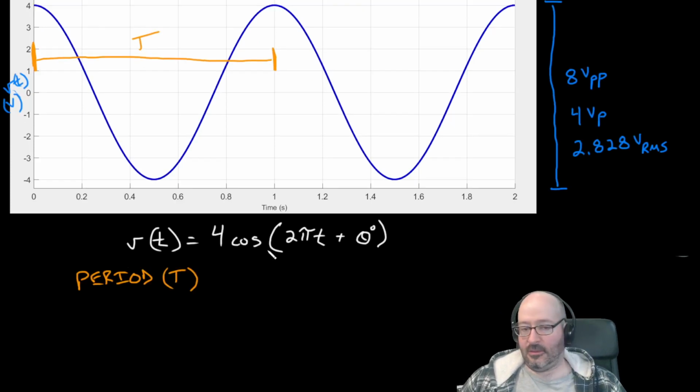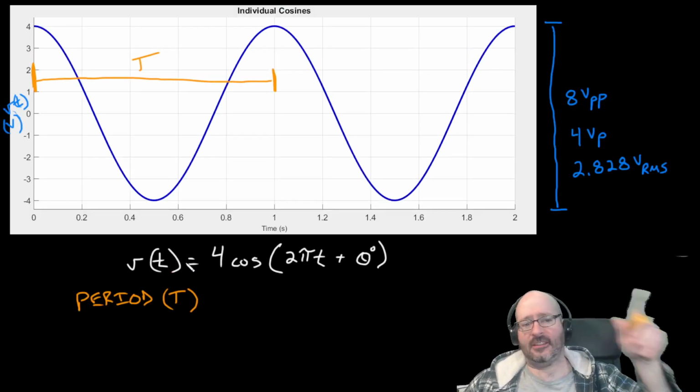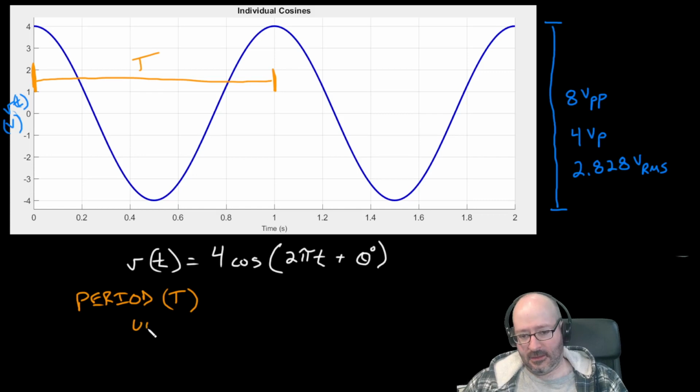We define that as the time it takes the phasor to complete one full rotation. So we measure it in seconds. The unit is seconds.